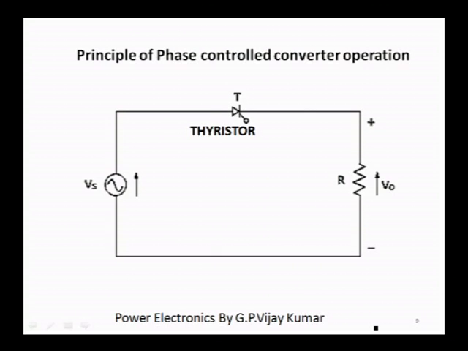Can you guess? When will it get turned off? The thyristor gets turned off naturally when the supply voltage becomes 0 and it is reverse biased. This is known as natural commutation, because the thyristor is commutated naturally.